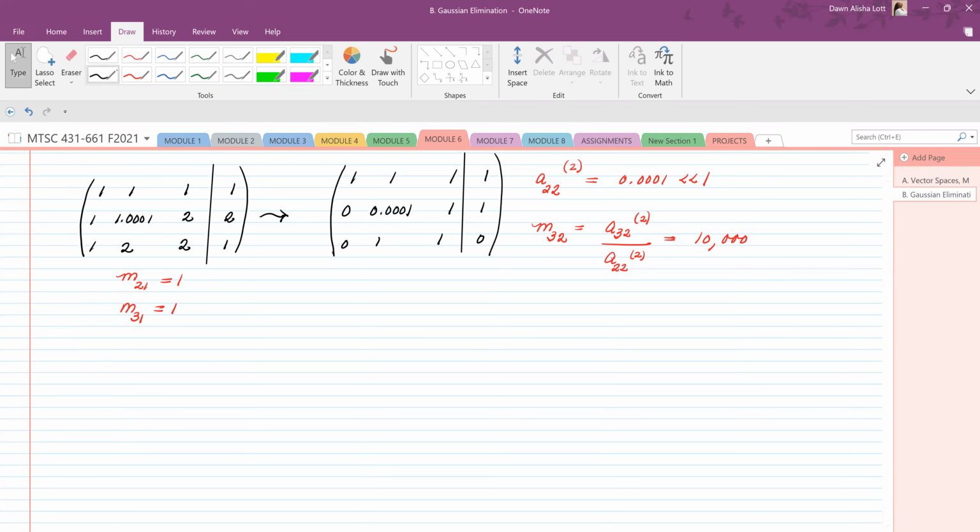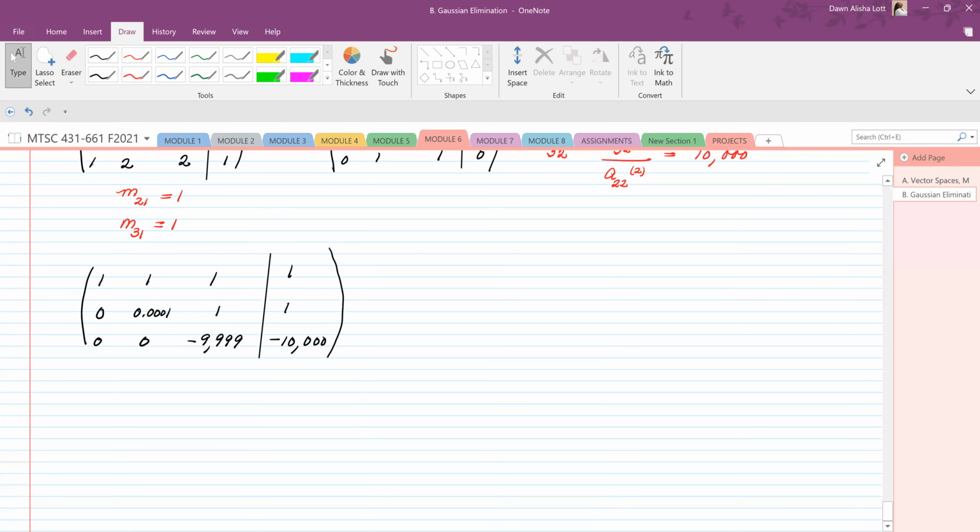So we keep going, and we get 1, 1, 1, 0, 0.0001, 1, and then 0, 0, and negative 9,999. Then on the right-hand side, we get 1, 1, negative 10,000.